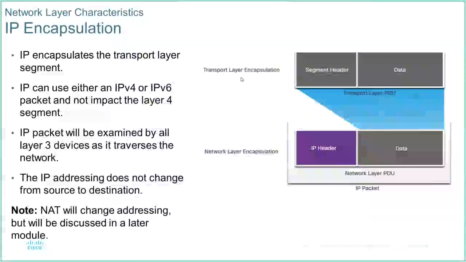So when the segment is passed down from the transport layer into the network layer, it becomes a packet after it's encapsulated with the IP header. And the basic information in the IP header is the source and destination IP address.